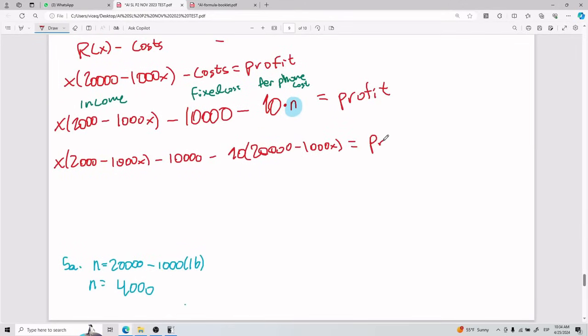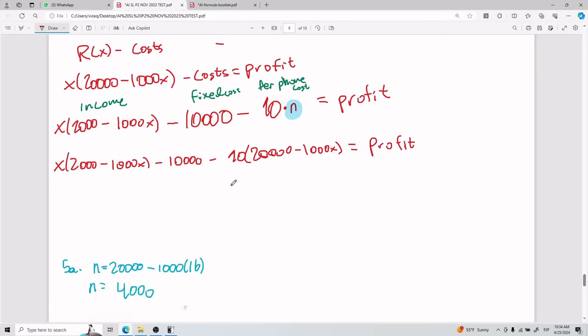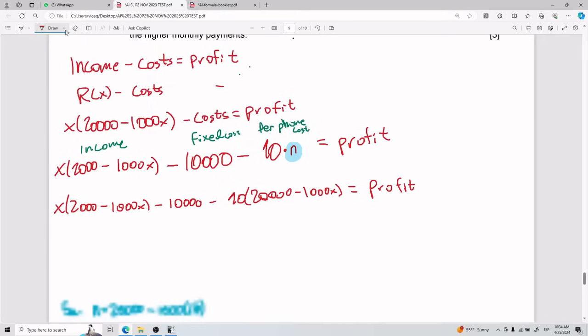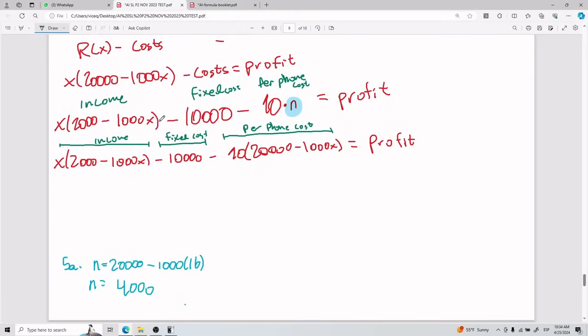So all of this is your profit, all right? And now what is your x value? Well, just to leave it very clear, this whole thing on the left is income. This is the fixed cost. And this last part is the per phone cost. So now if I plug everything in with a certain x value, I get the profit at that level.